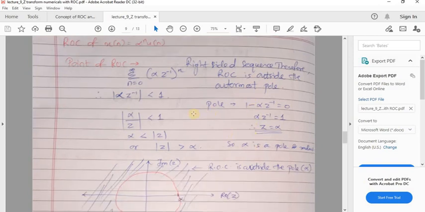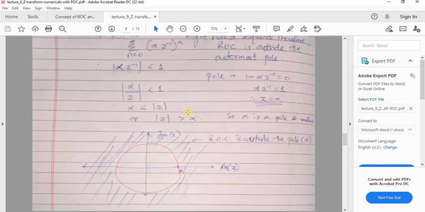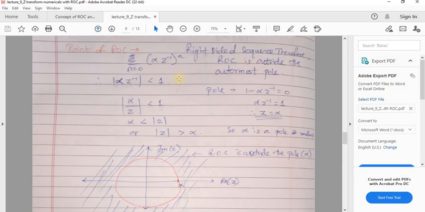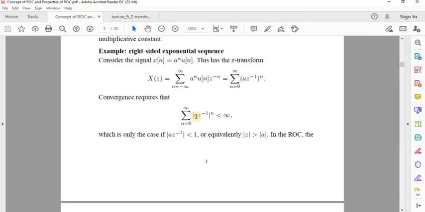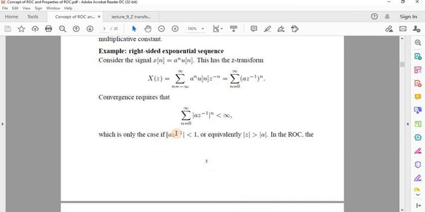So how do we find the pole? We will take this numerical in depth. Before that, we are going to see how the region of convergence is found. We already know that if this is less than 1, then the Z transform converges and becomes finite.